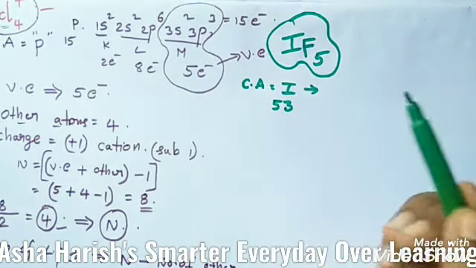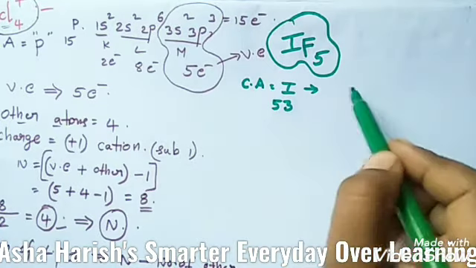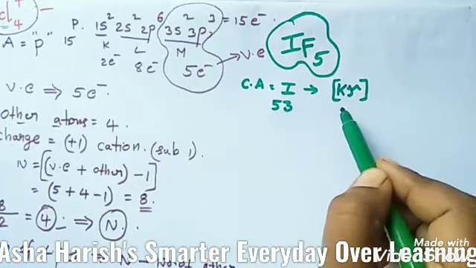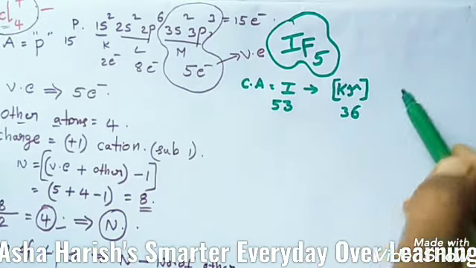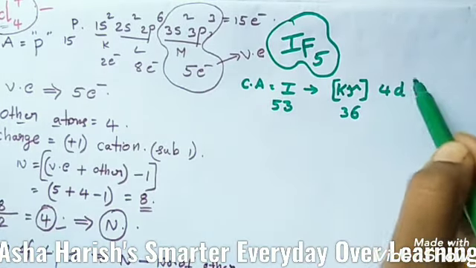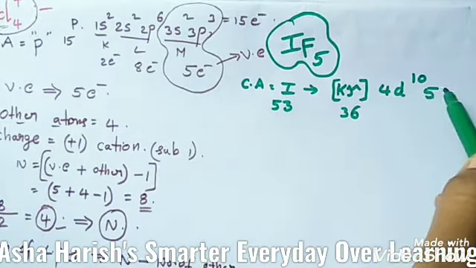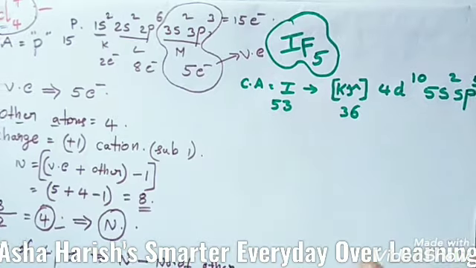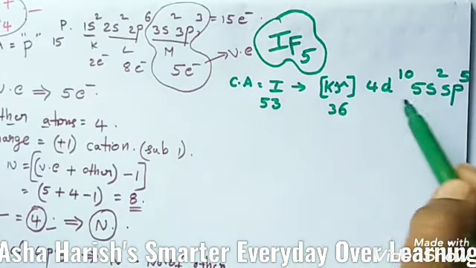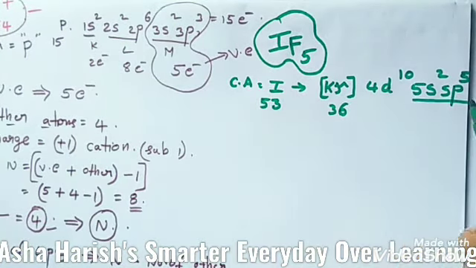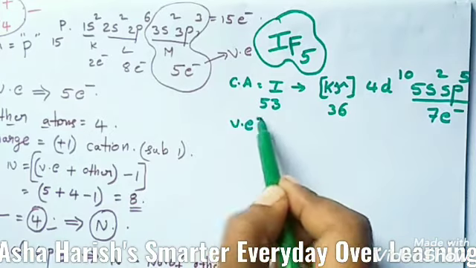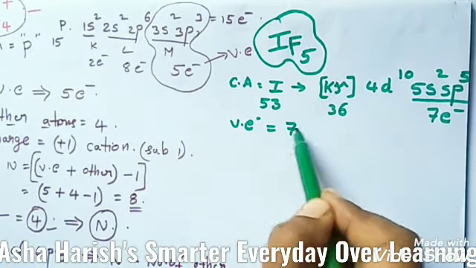Now write the electronic configuration as usual: the noble gas krypton, which has atomic number 36, and from this 4d10, 5s2, 5p5. So the last shell has 7 electrons. Those are the valency electrons. In this second step, the valency electrons are 7.